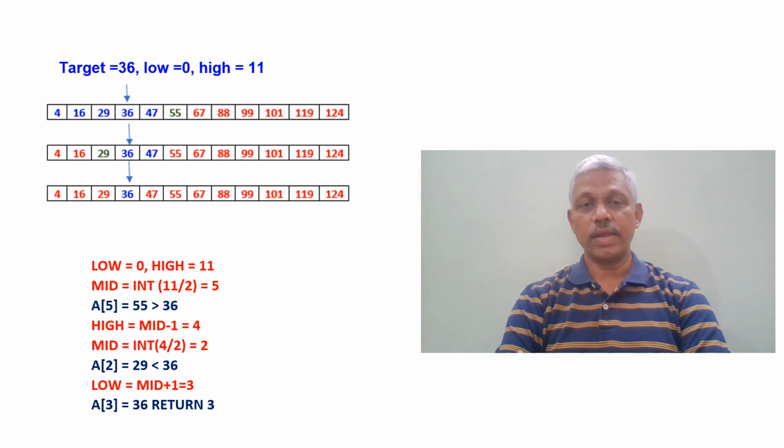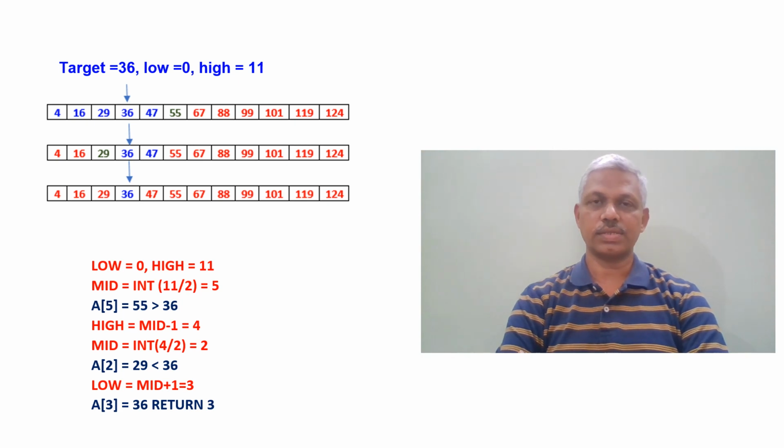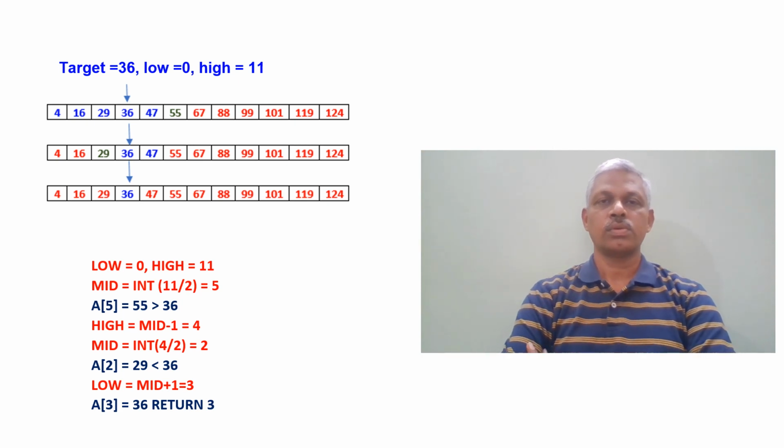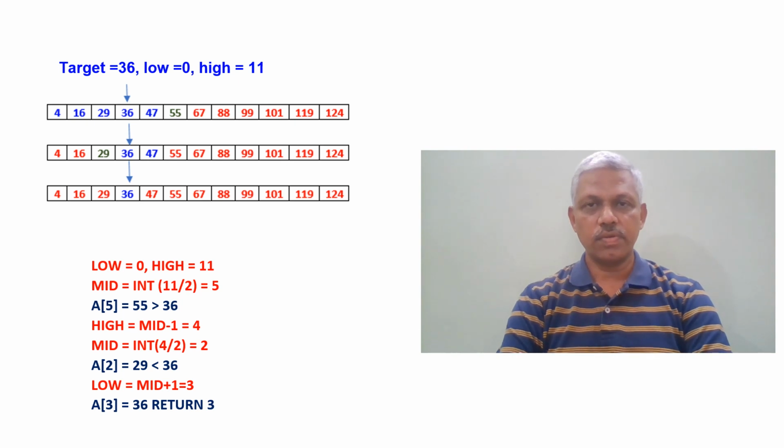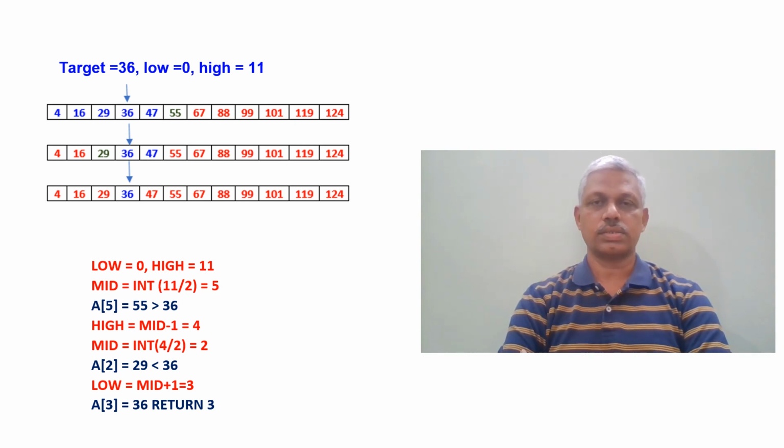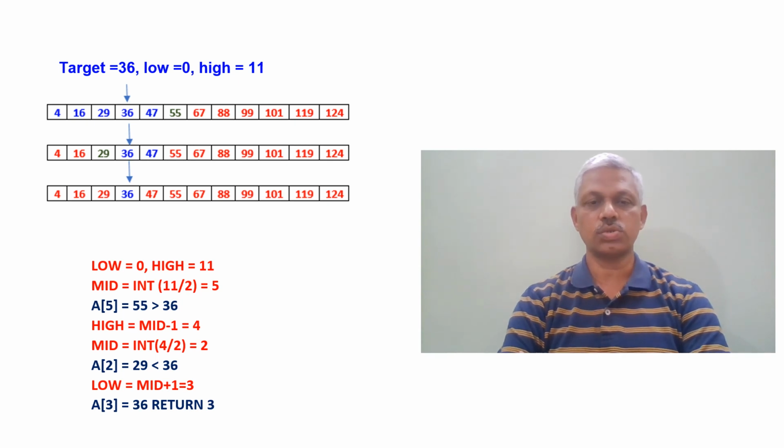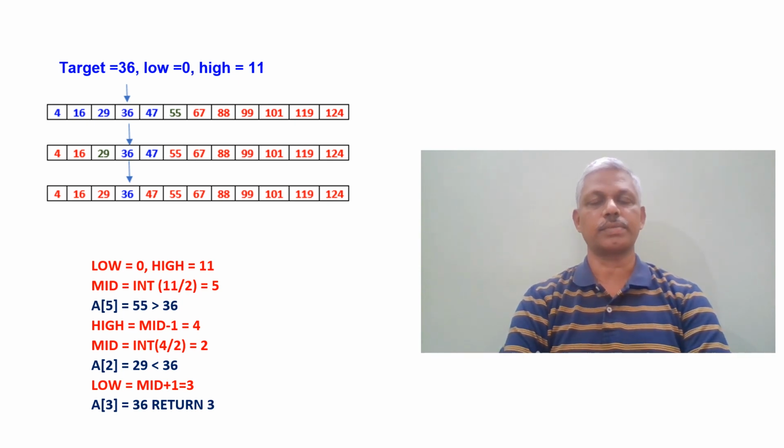The array value at location 5 is 55, and the key value 36 is less than 55, so we should focus on the left subarray of the mid value. Since it is not located at mid, high is updated as mid minus 1, because it has to shift to the left part.